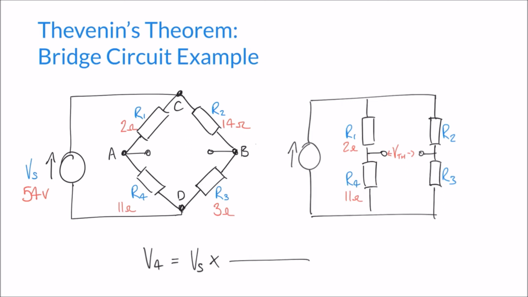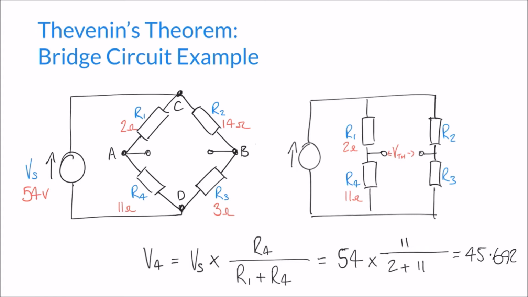And both resistors in the potential divider are added together on the bottom, so that's R1 plus R4. Putting some values in there, that's the same as saying 54 for our voltage multiplied by 11 on the top, 11 plus 2, or 2 plus 11 on the bottom. That comes out with a result of 45.692 volts.